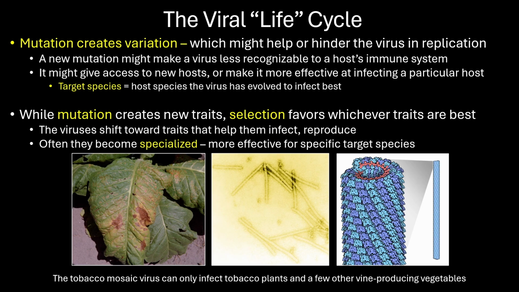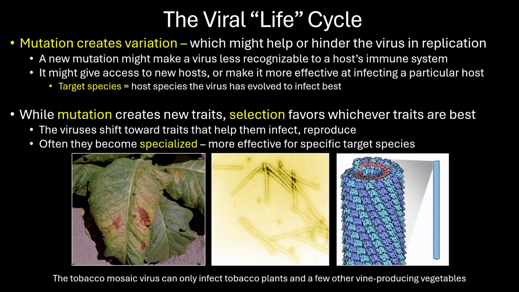Now, while these mutations that we introduce can create new traits that can allow the virus to do new things, another force called selection favors whichever of those traits are best. And by best, I mean which ones help the virus succeed, help it infect a new host, help it replicate itself within that new host, help it spread to new hosts.